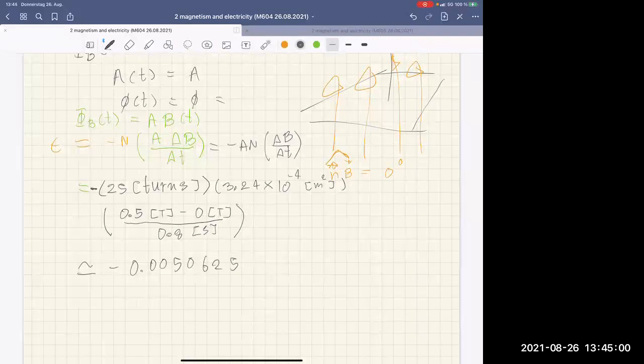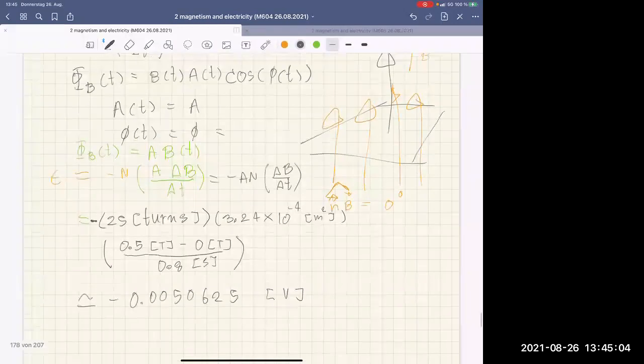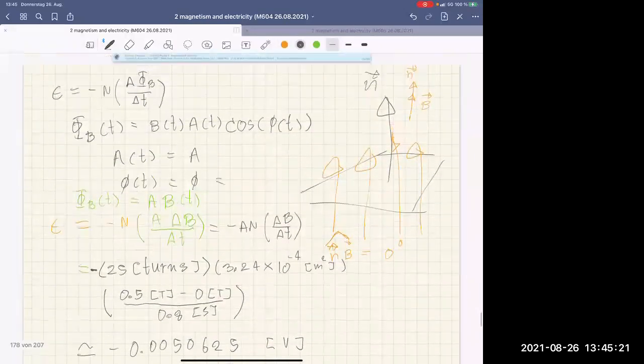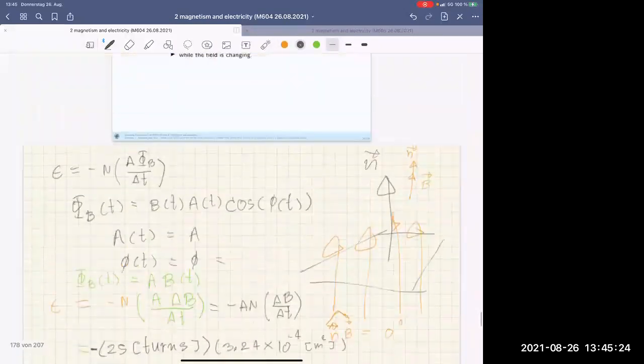Okay, and that's the volts, right? We get the negative value for the voltage because the negative just represents the opposite direction for the induced magnetic flux, right? That's a typical thing from Lenz's law, and yeah, we get epsilon for that.